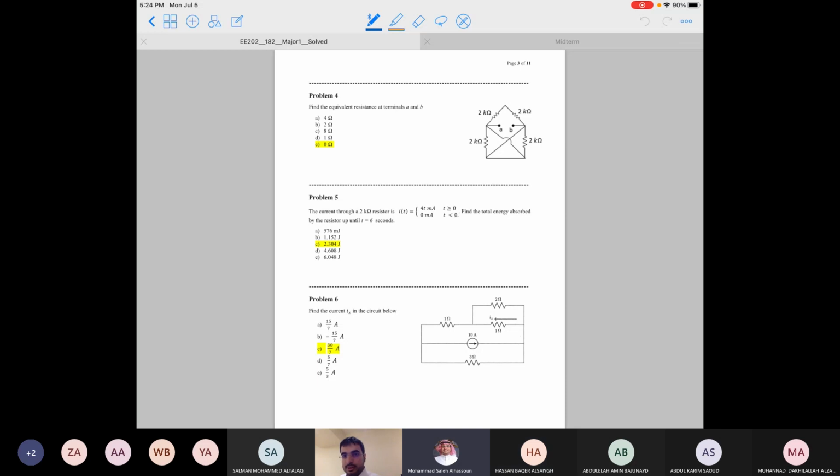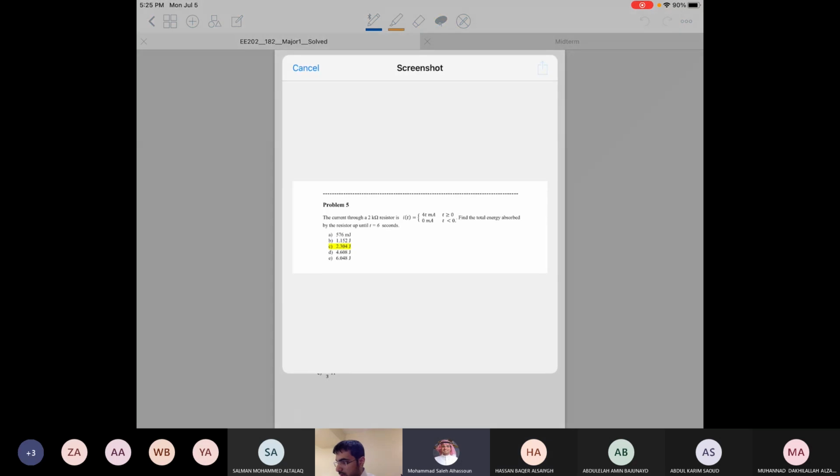So what's the resistance of an open circuit? It's infinity. What's the resistance of a short circuit? It's actually 0. So apply the equivalent resistance, and you will find the values here. Good.